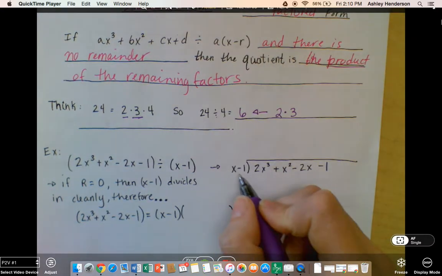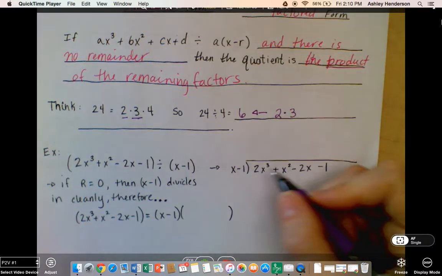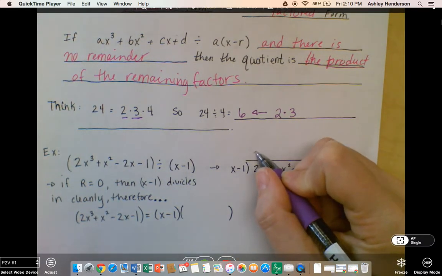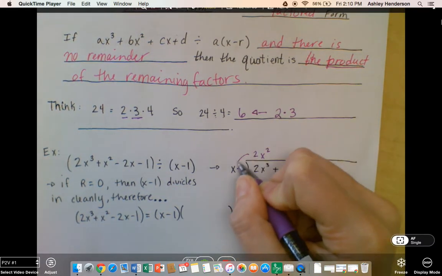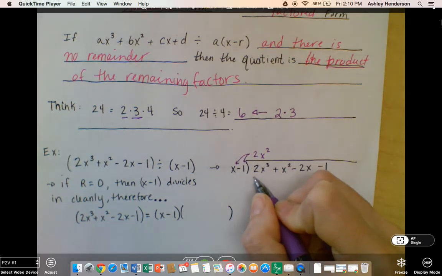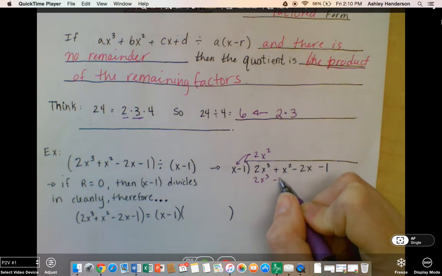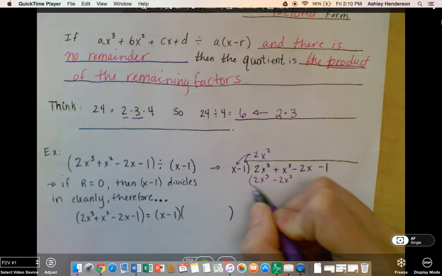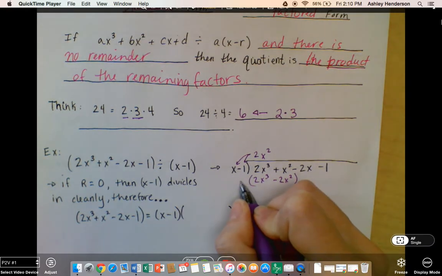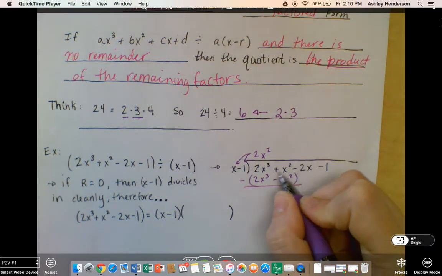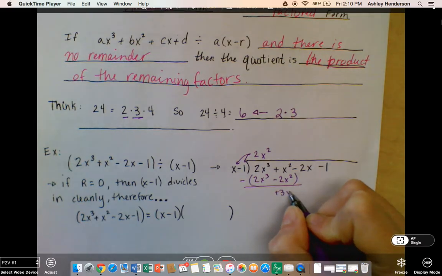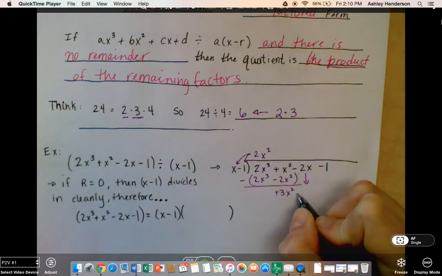I can check. Divide it in. All right, x minus 1, 2x squared, and then multiply to each piece. 2x cubed minus 2x squared. And then I'm going to subtract and get minus minus makes plus 3x squared. Drop our term.